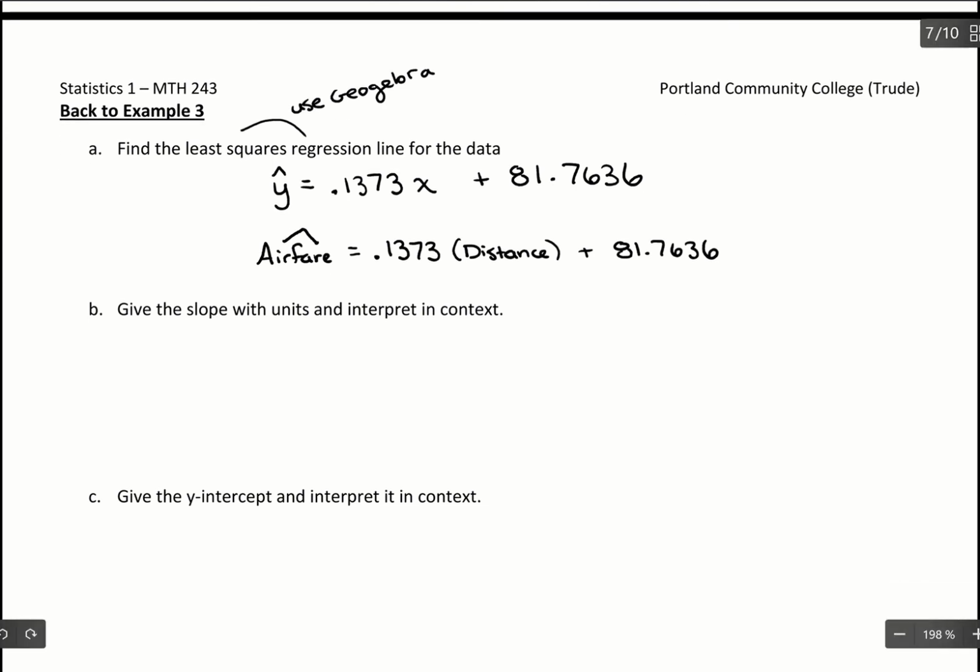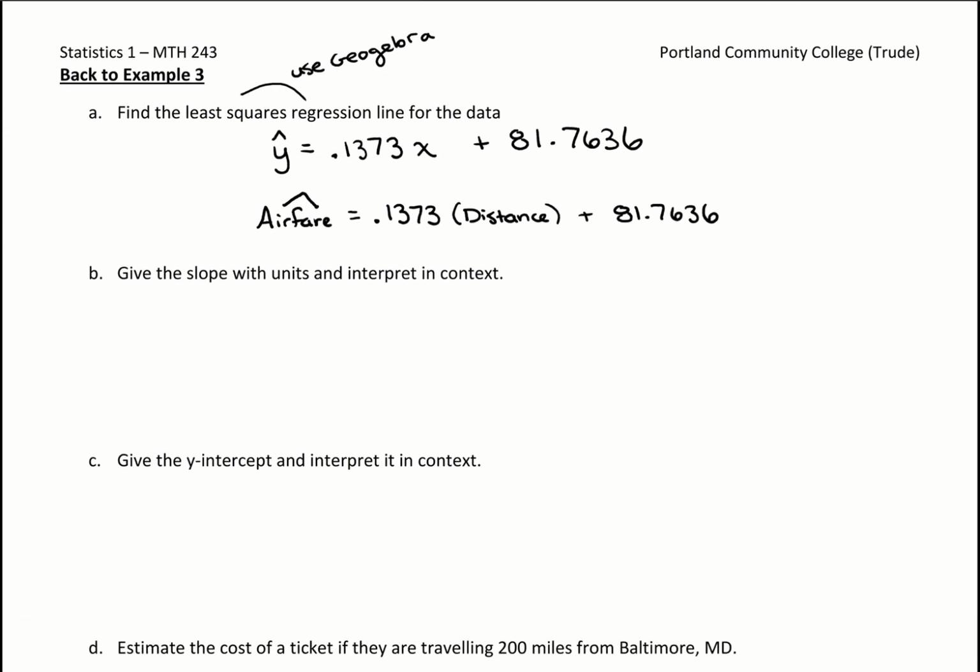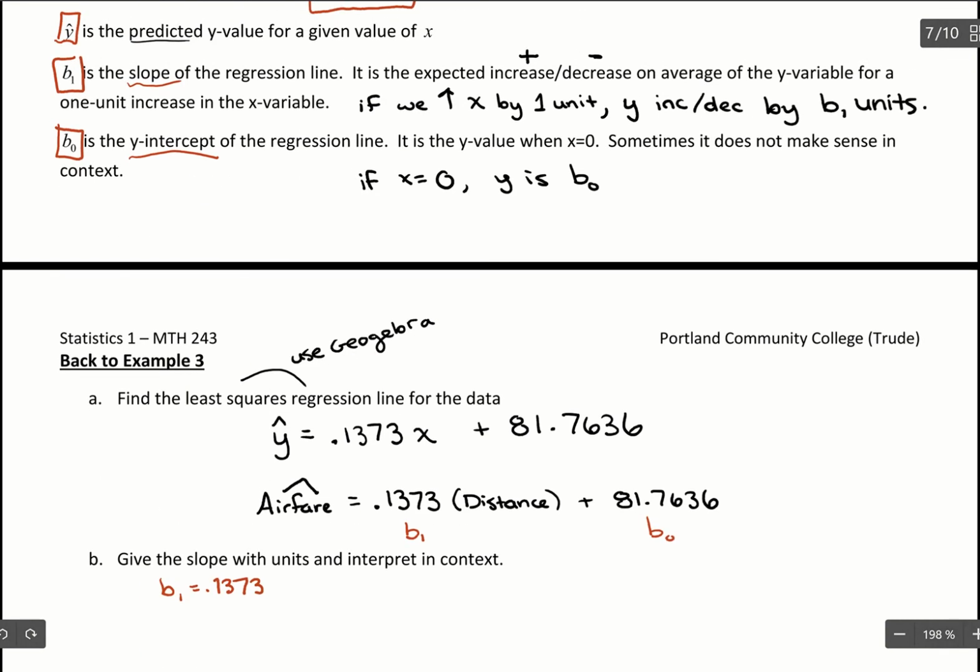Now with this, we're going to interpret slope and intercept, and slope will always be what's multiplying with your x value. So that's going to be our slope, the 0.1373. And then intercept is going to be that 81.7636. Now in making our interpretation, so for slope, we want to say if we increase x by 1 unit.